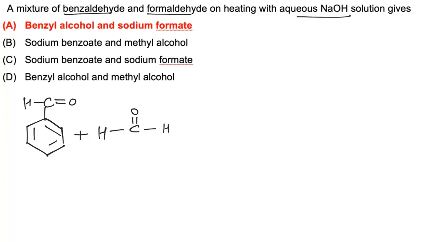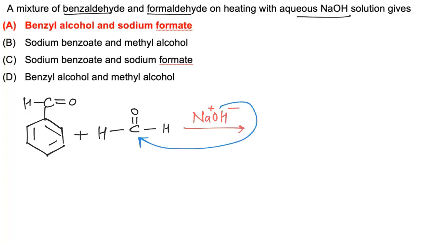When these molecules are treated with NaOH, OH negative will attack preferentially the carbonyl group which is less crowded. The formaldehyde molecule is less crowded, so OH negative will preferentially attack this molecule.